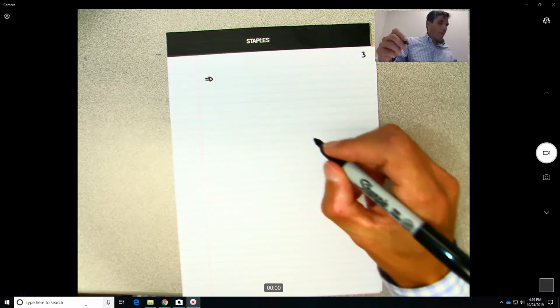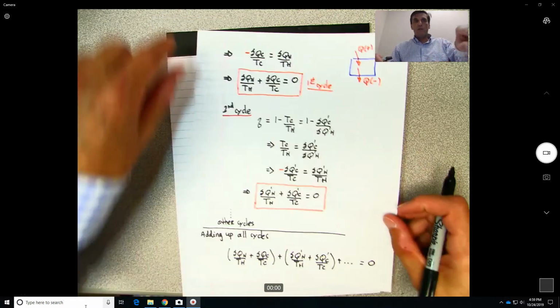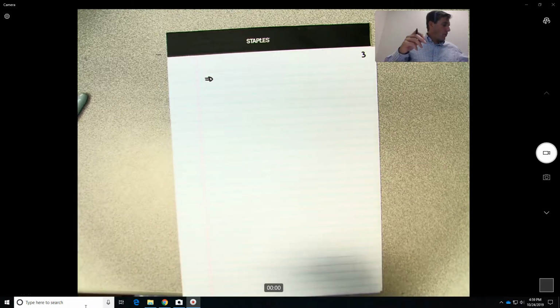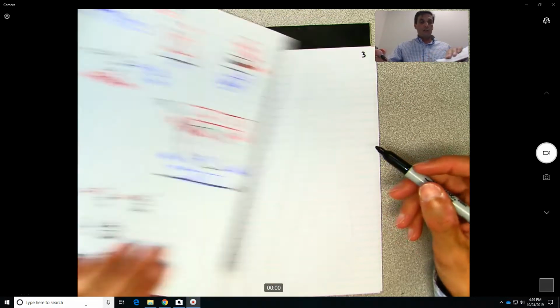If you remember from the integration, when you add all these different cycles, basically what you're doing is integrating.